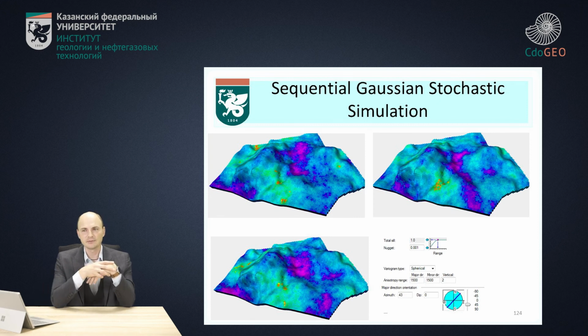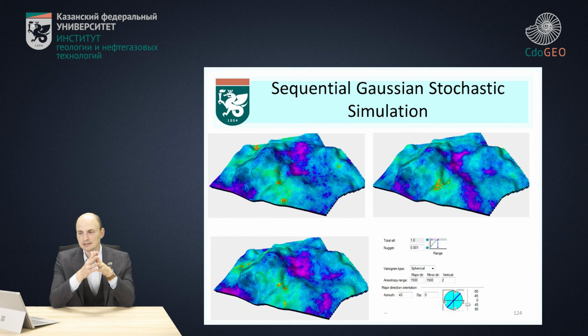Let's look at the example of our sequential Gaussian stochastic simulation. These three porosity cubes were calculated using the same parameters: nearly zero nugget, spherical variogram type, anisotropy range 1,500 in both directions. And we can see that these three porosity cubes look similar but not the same. In the central part we get an area with low porosity.